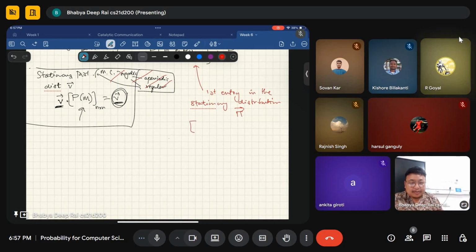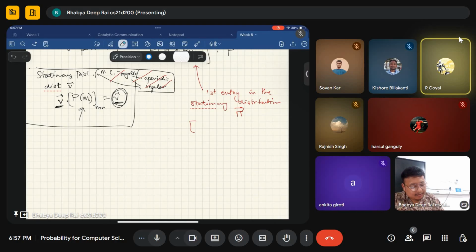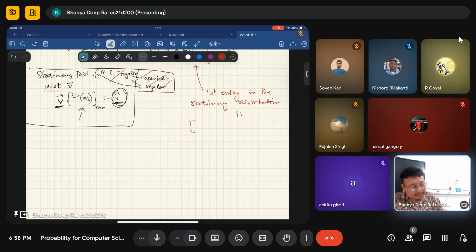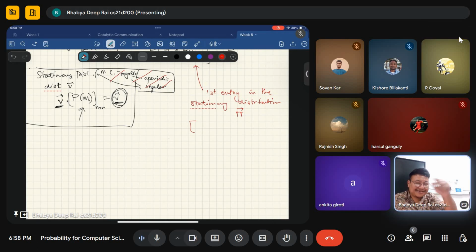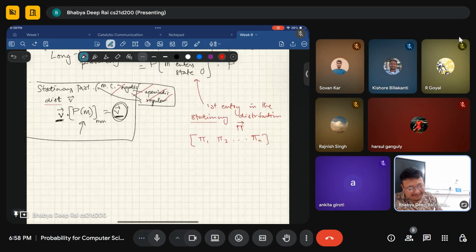I wrote pi vector, with this arrow. If you remember, we said pi 1, pi 2, and so on. We did this solving of simultaneous equations.